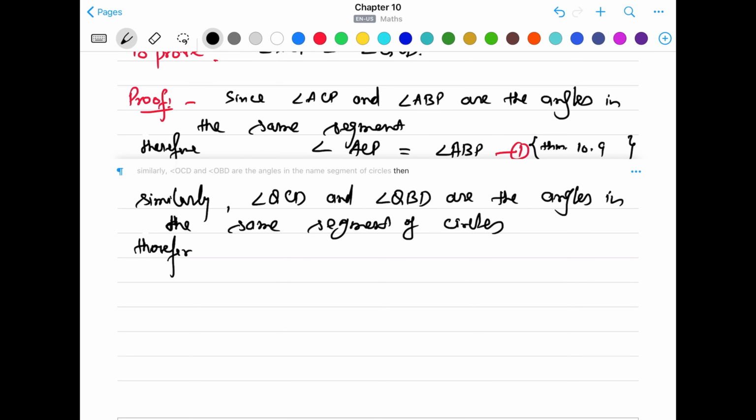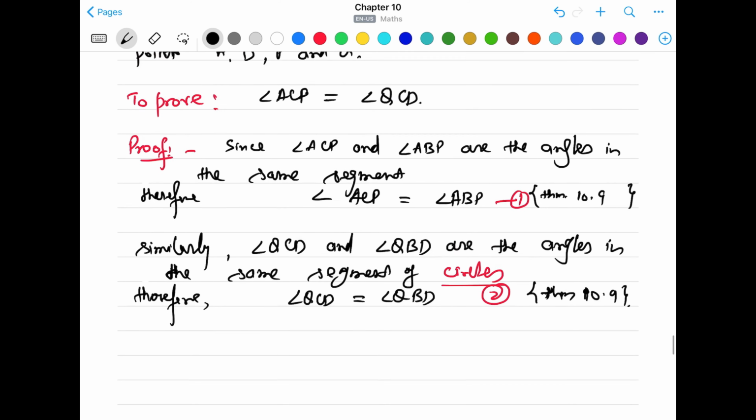Therefore, they will also be equal, that is angle QCD is equal to angle QBD. Let's name it equation number 2, and the reason for this one is again theorem 10.9, which says angles in the same segment of a circle are equal. So angle ACP is equal to ABP and angle QCD is equal to angle QBD.